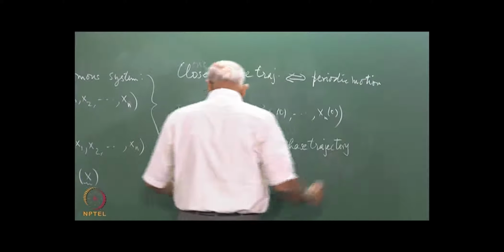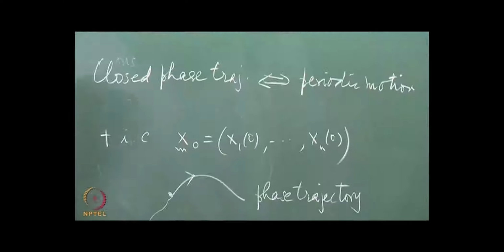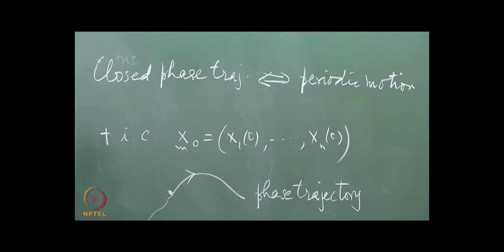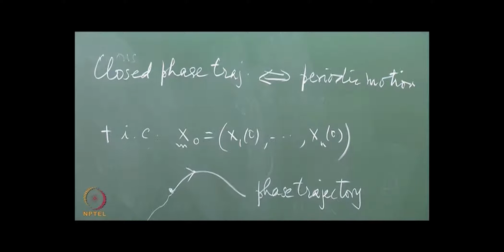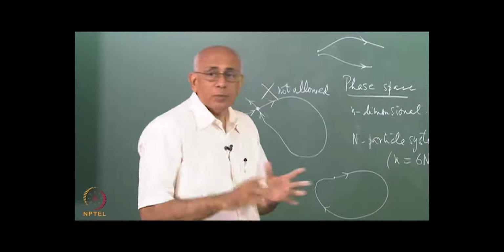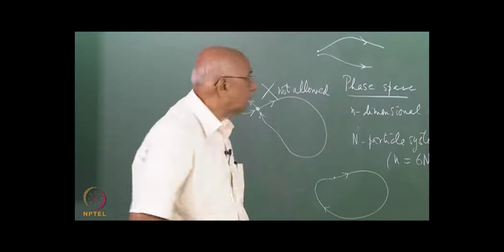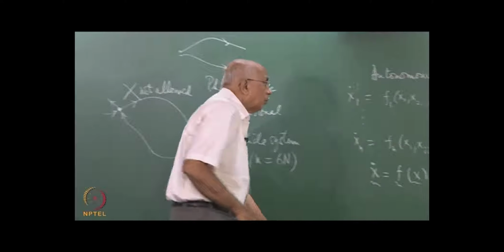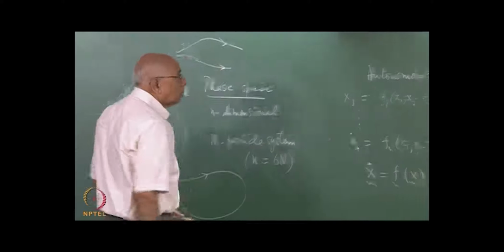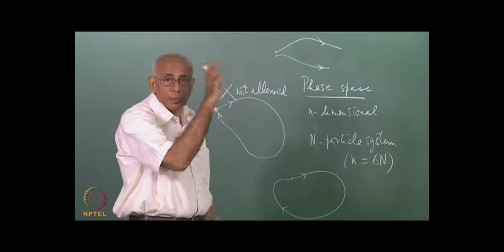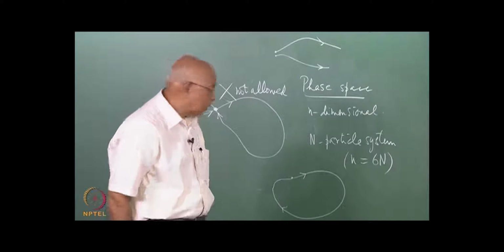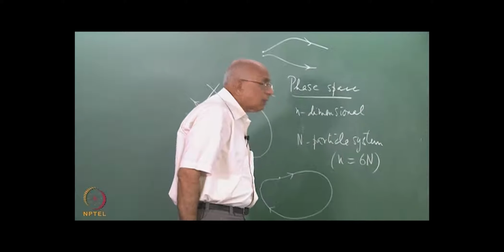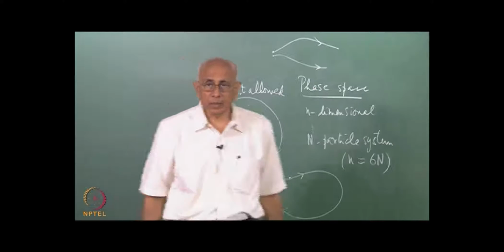That is an important, elementary but important conclusion, because we certainly should like to be able to identify those parts of phase space where the motion is periodic as opposed to those where it is not periodic. So this is an important observation, that a closed phase trajectory in the full phase space is periodic motion. It is not enough for some of the variables to come back to their starting points.